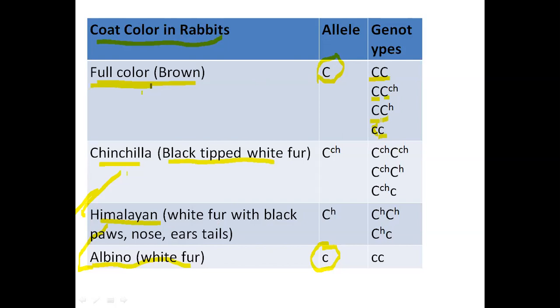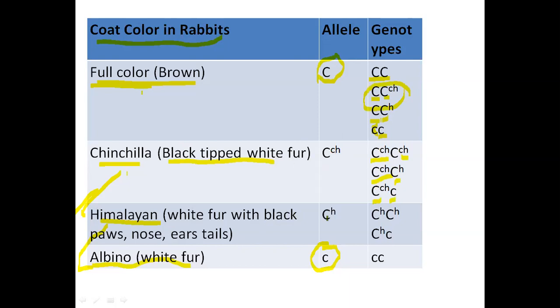Yes, full color phenotype. In case of chinchilla, capital C and small c h, if any of the other alleles, Himalaya or small c for albino, is the second allele, the coat color will be chinchilla. But when chinchilla is with capital C, full color will be dominant.